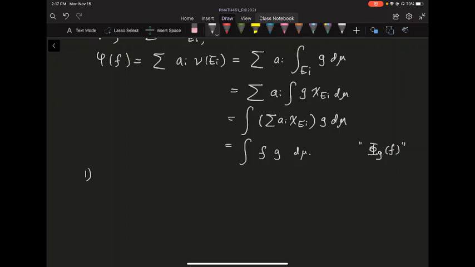One, I need this phi to indeed equal phi_g. And second, I need to prove that this g function is inside the L^q space. Once I prove these two, then I show that any functional phi is in the form of some phi_g. I will leave the proof of these two technical details to the next video.